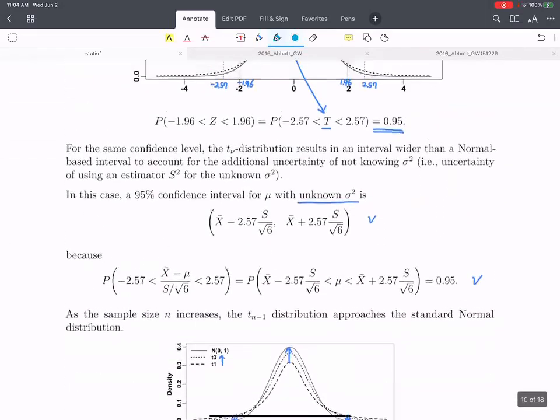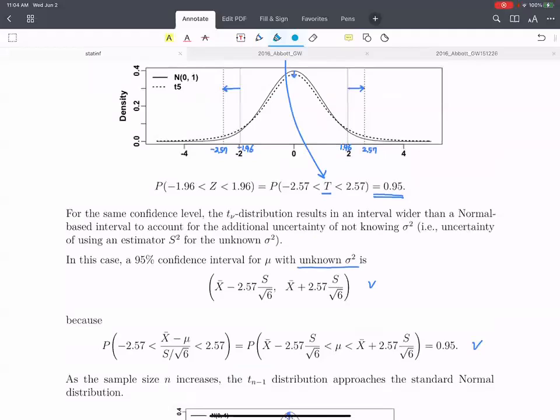I didn't mention that, but the reason for the wider range, if sigma is unknown, is to account for the uncertainty of not knowing sigma squared, because we are replacing unknown sigma squared with our estimate, and this estimate also has its own uncertainty. We are basically adding more uncertainty in our inference on mu. So that's why the t distribution automatically enlarges the range to account for such additional uncertainty. That's a very good point.